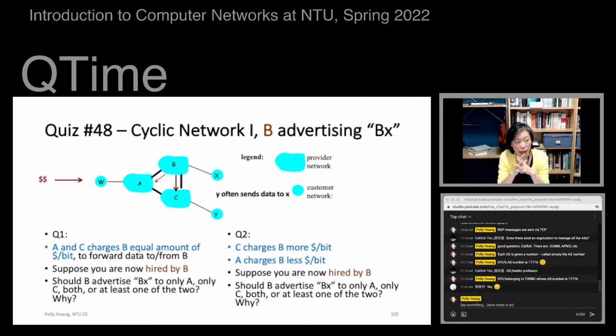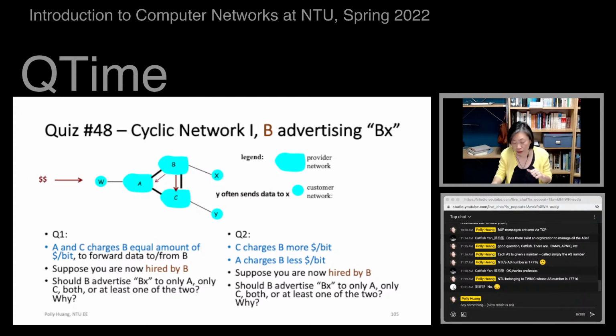And this usually happens when B and C are providers that have been here for a while, okay, well established, older ISPs. And B is more likely a newcomer trying to join in the competition for the consumer market. Okay, in this case, very often B pays the predecessors money for a resource.